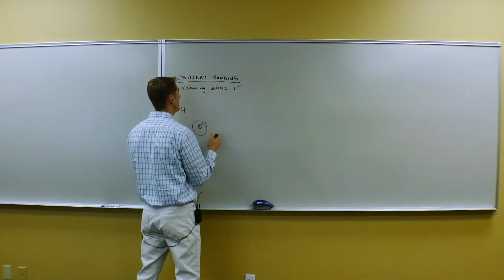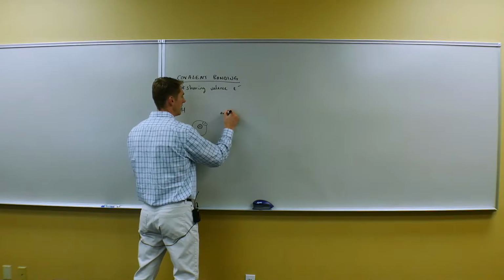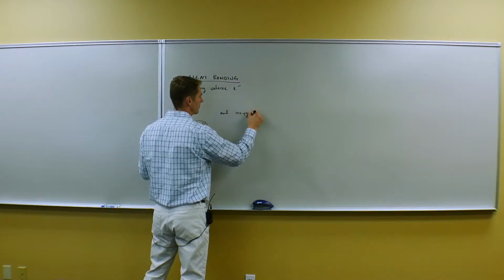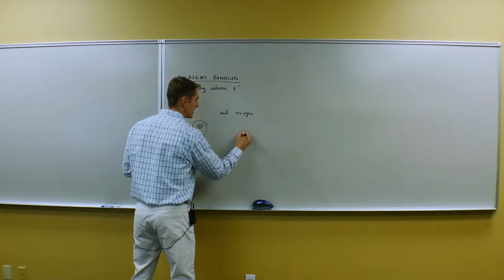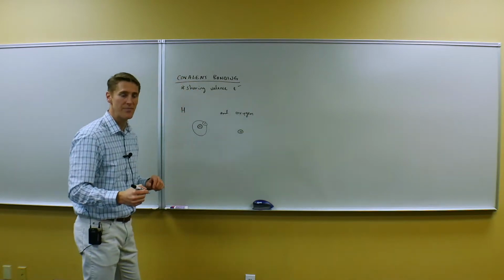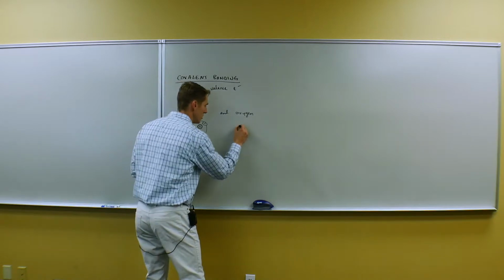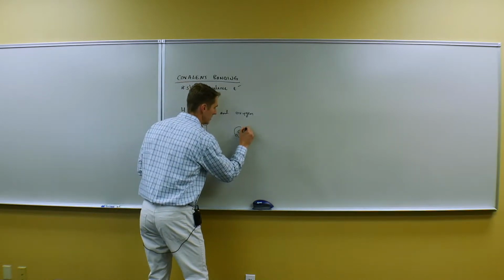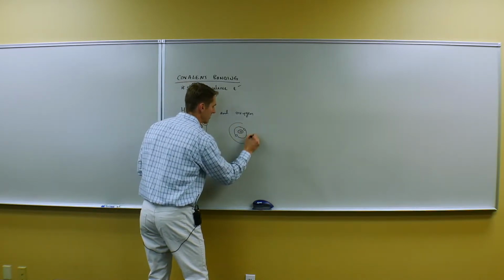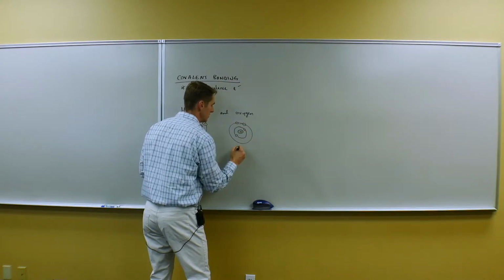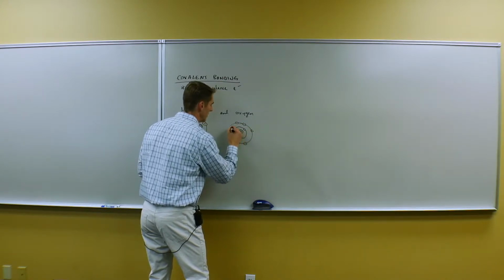So say I have a bond here between hydrogen and oxygen. You look at oxygen, here is its positive nucleus. Oxygen has 8 total electrons, so 2 go into the first energy level. And in the second energy level, we have 1, 2, 3, 4, 5, 6.